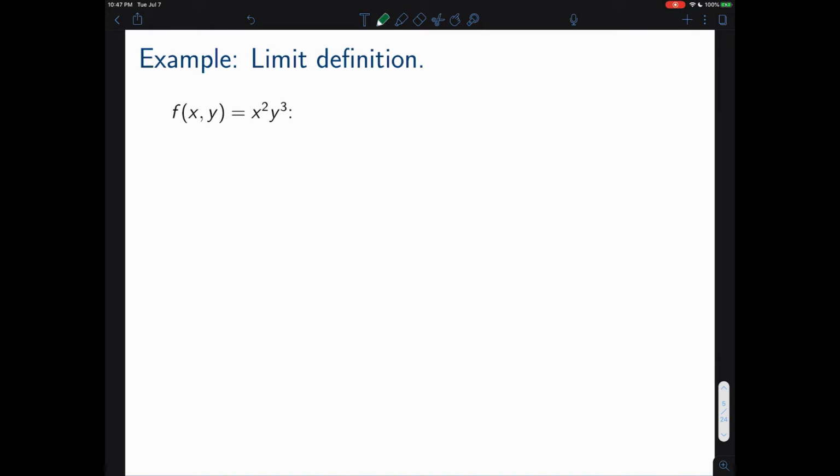So our function is f of x y equals x squared y cubed, and I would like to find the partial derivative with respect to x at a point (a, b). Well, according to the definition, I take the limit as h goes to 0, and I take my function f, and I'm going to plug in 2 points. Since I'm taking the partial derivative with respect to x, that means that x is the variable that's changing.